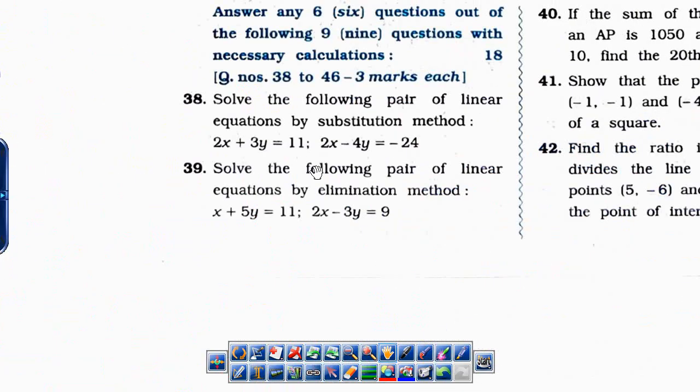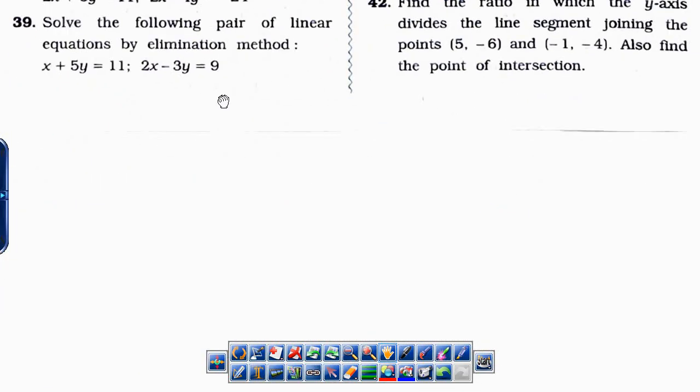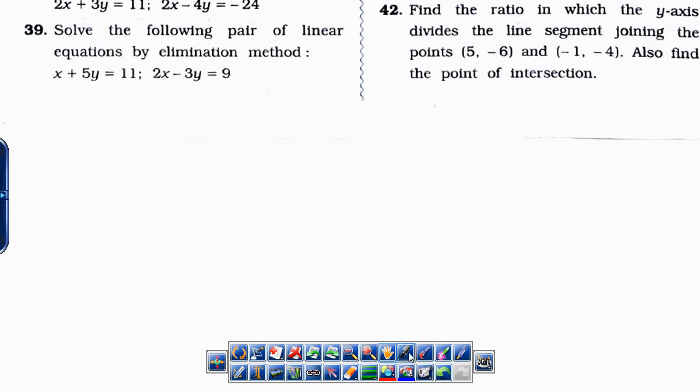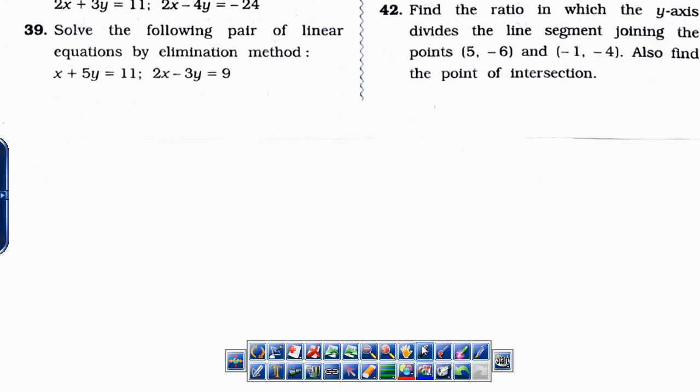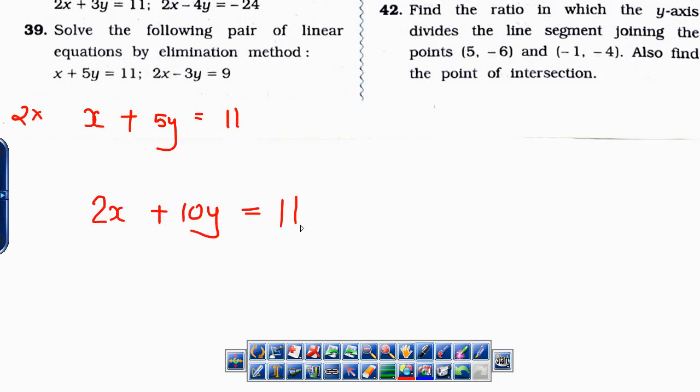Sum number 39. Solve the following pair of linear equations by elimination method. Even better, even easier. The first equation is x plus 5y is equal to 11. I will multiply it with 2. 2x plus 10y is equal to 11.